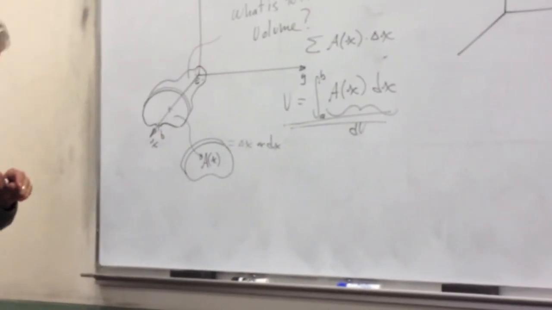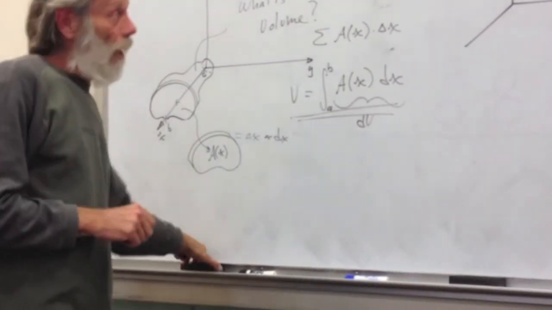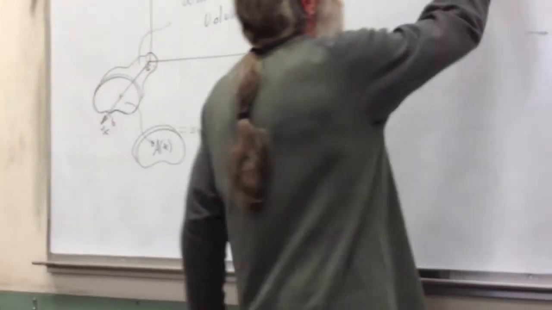We want to slice things up in all sorts of ways. I'm going to start with some simple objects. The first one I want to do is a cone. You probably already know the expression for the volume of a cone. Let's see.